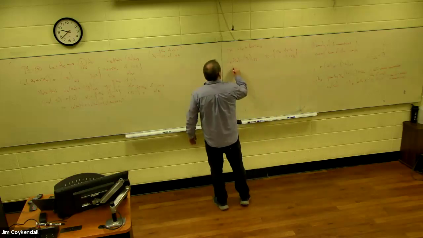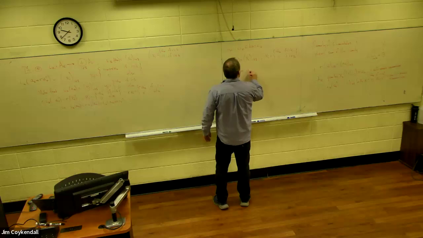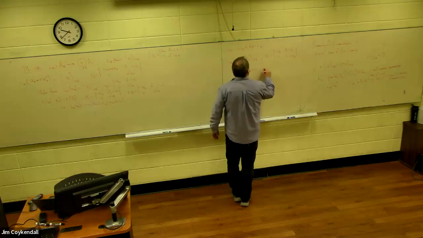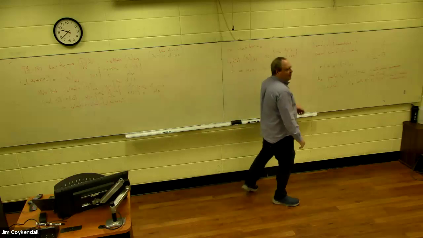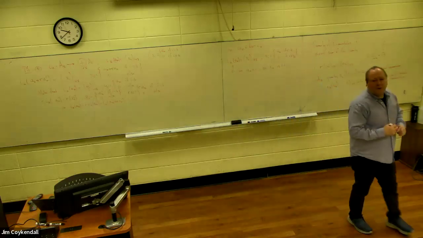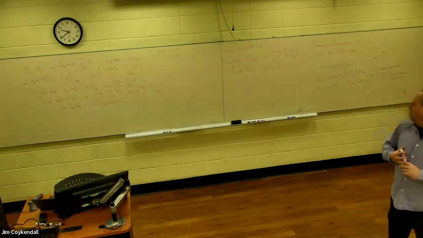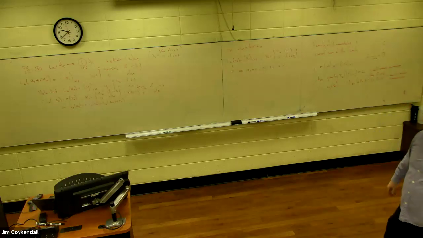But if this equals 0, this implies that a_k equals 0, so iota_k is one-to-one. So it's an R module homomorphism, the kernel is 0, so it's one-to-one. So we have it's an R module monomorphism.